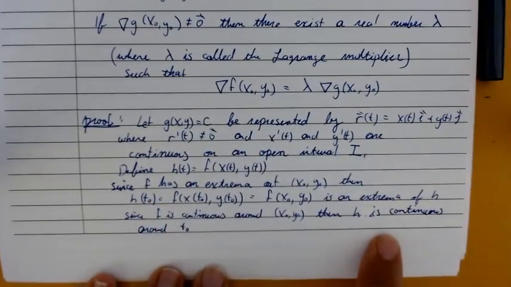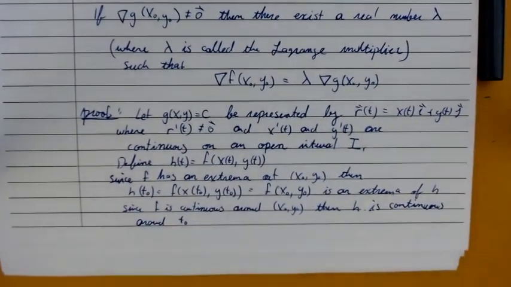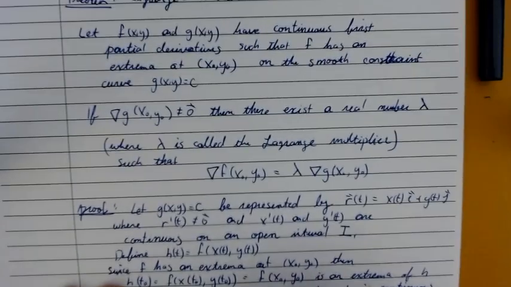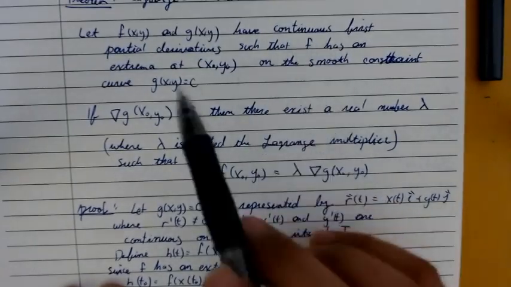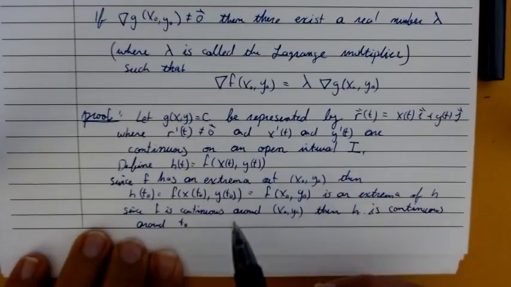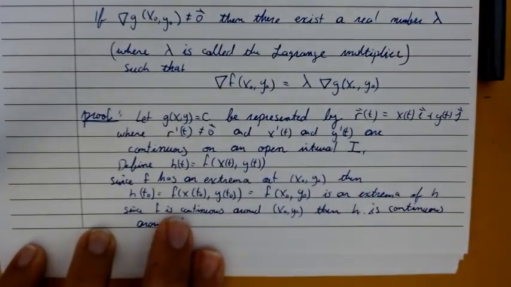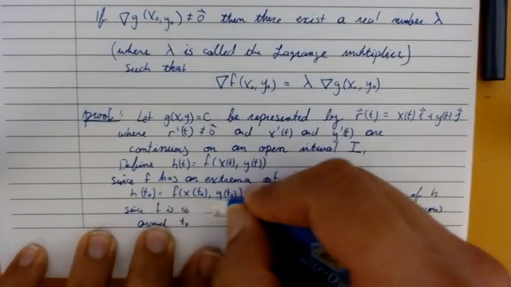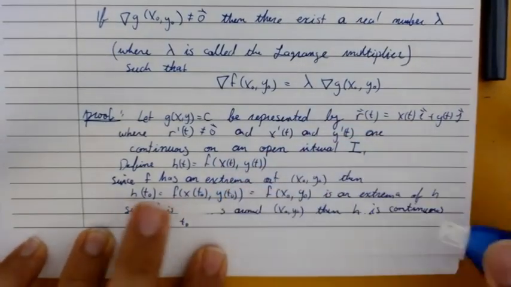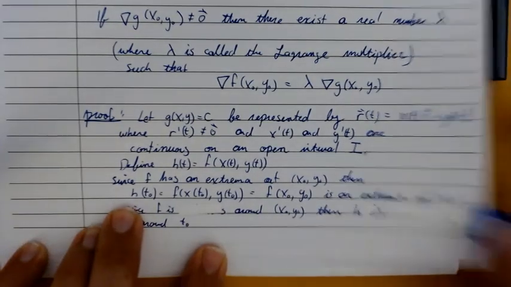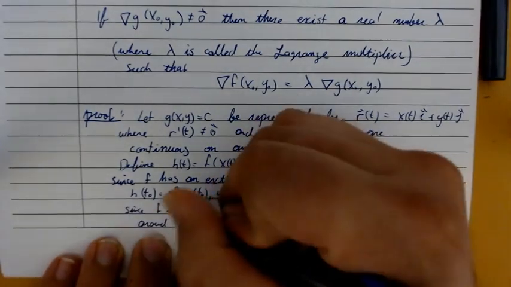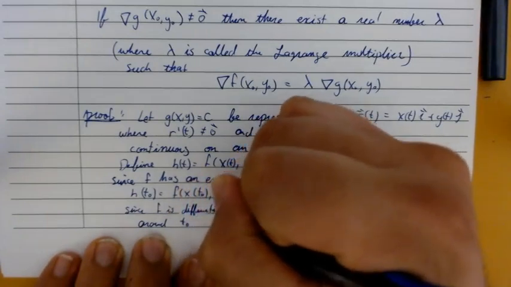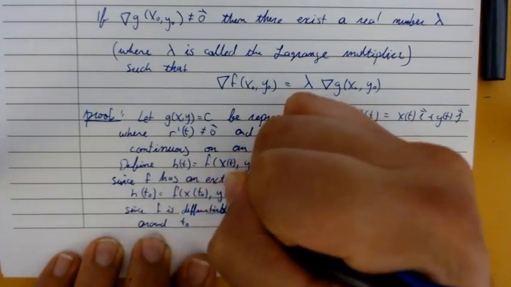Oh, but if it's continuous, actually, I could say something even stronger. I know f has continuous first partial derivatives. Okay, so then that means f is differentiable. So I can say something even stronger. So since f is differentiable, right?